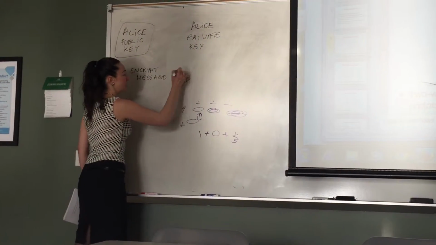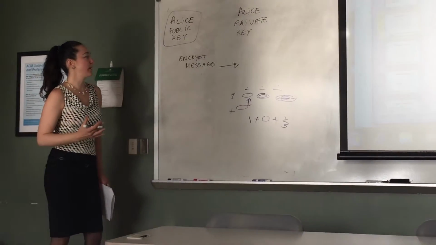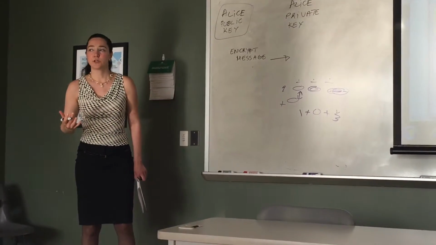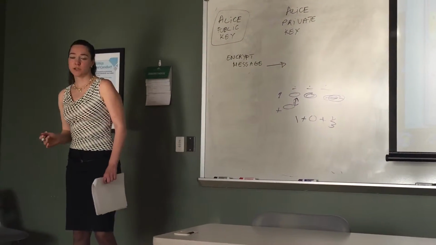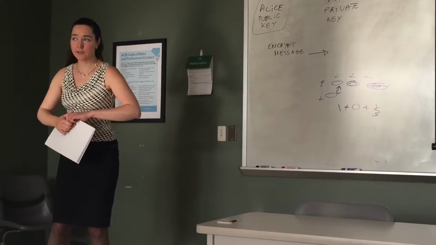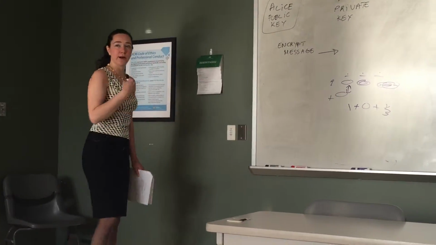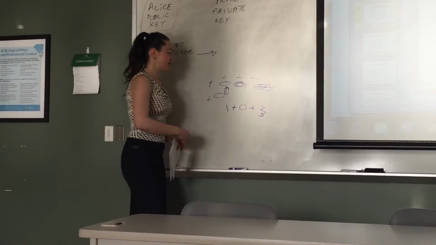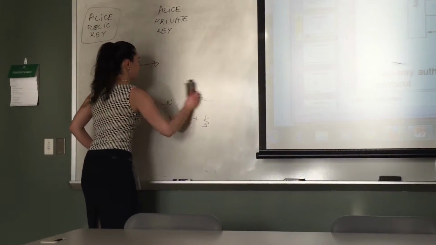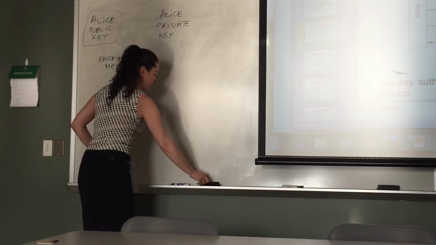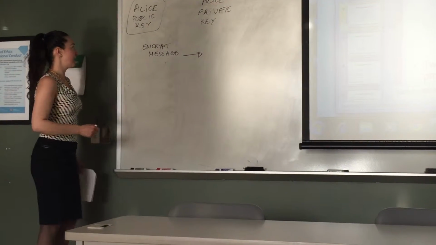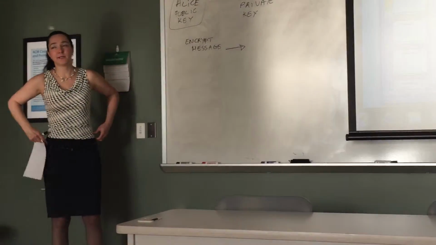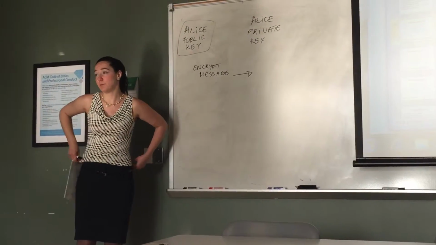And the way this message is encrypted is by using an encryption algorithm, which is typically a one-way function, which means that it's easy to perform the function in one direction, which means to encrypt it, but it's difficult to reverse it. So it is difficult to reverse it, and it's impossible to use the public key to decrypt the message and obtain the plaintext.